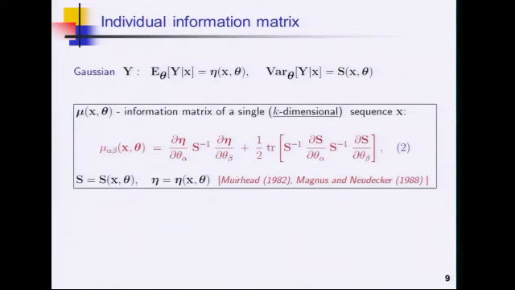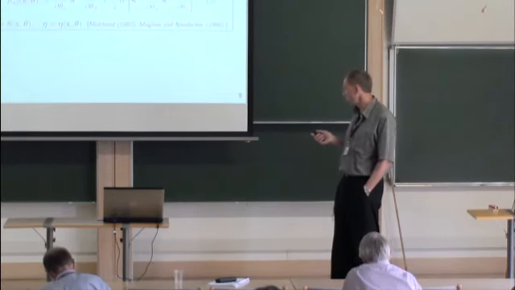It may be a vector, and you can find the reference. Why I put it here is just to show you that very often the variance of the observation depends on unknown parameters of the model, and this will be the case in all my examples. So it creates some additional technical steps which you have to overcome.